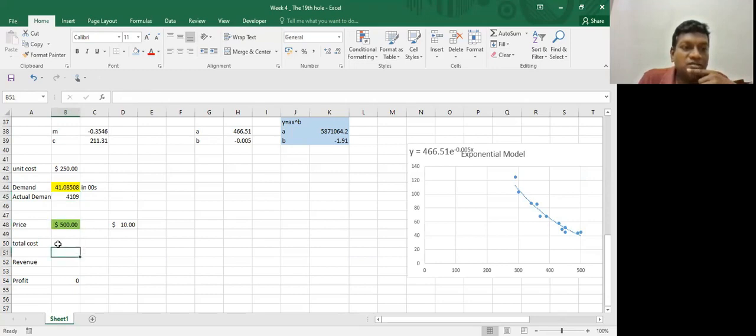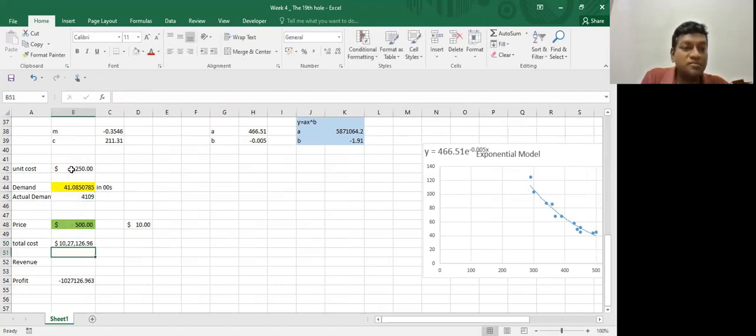The total cost is going to be the demand multiplied by the cost per club, or rather per set. So that is going to be this much, 10,27,127. I'll kill the decimals here.